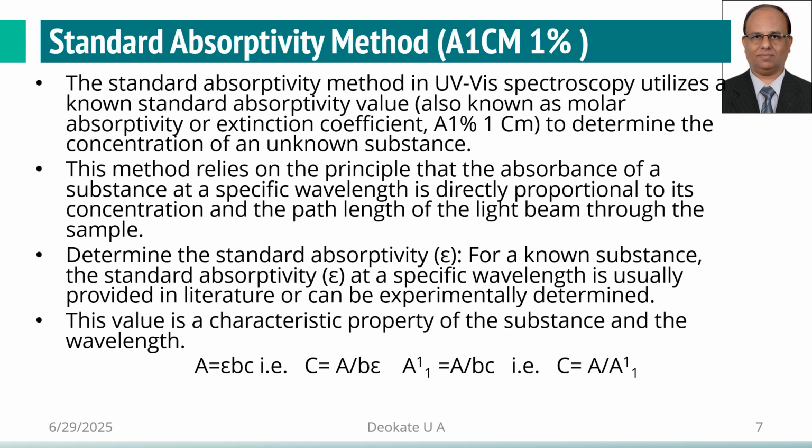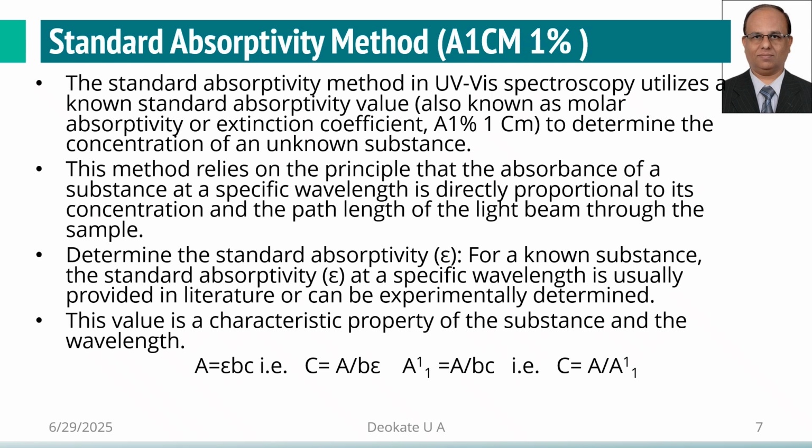So if you are using epsilon values, the concentration you will get will have the unit of gram moles per liter. If you are using the absorptivity value a, then the concentration unit will be grams per liter. And if you have the A11 value, A11 means absorbance of 1% solution in 1 centimeter path length, equals A upon bc.